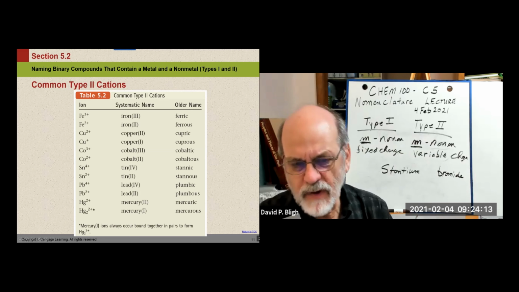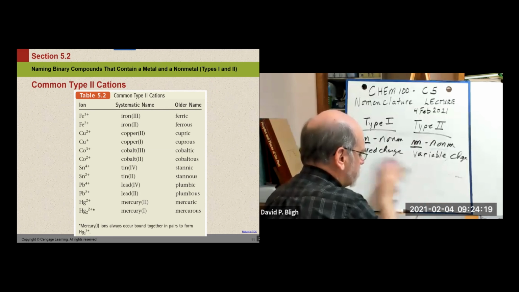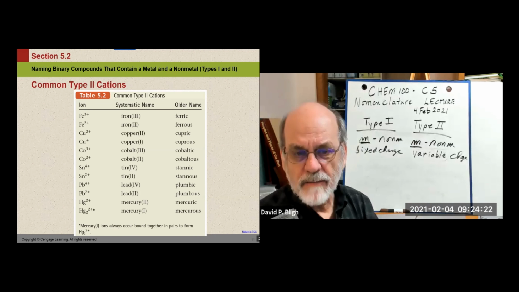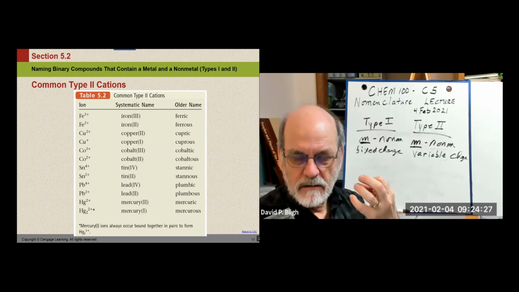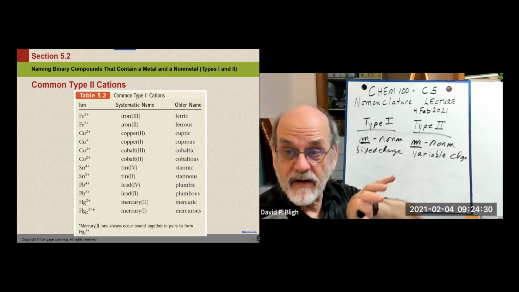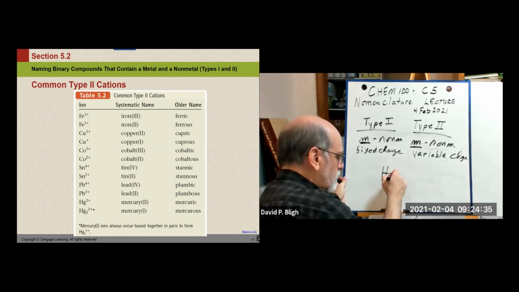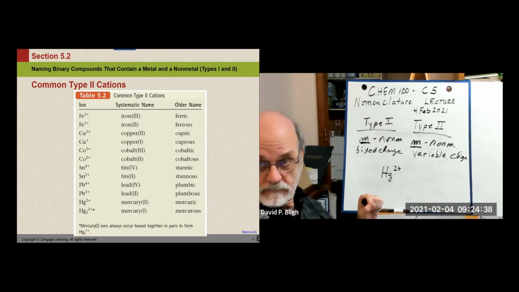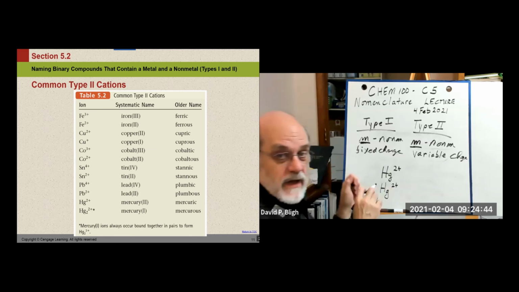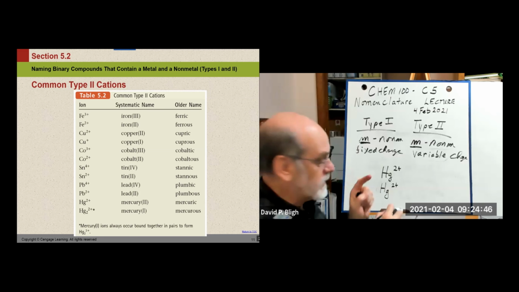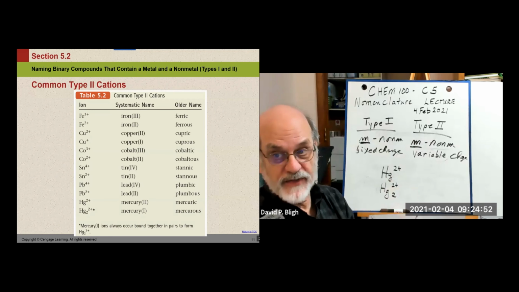Now, the weird thing about mercury is when mercury is in a compound, the mercury side of the binary is always 2+. So if you have one of them, like that, but if you have 2+ and it's only a 1+ for each one, you need 2 of them, right? That's something weird about mercury. It just does that.